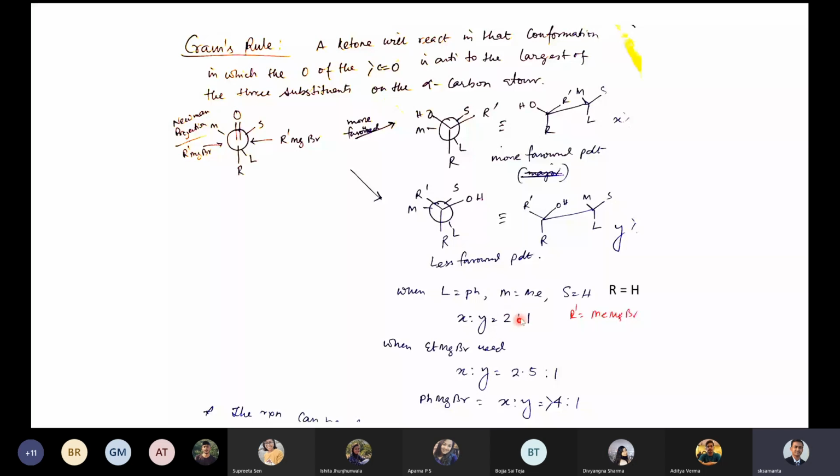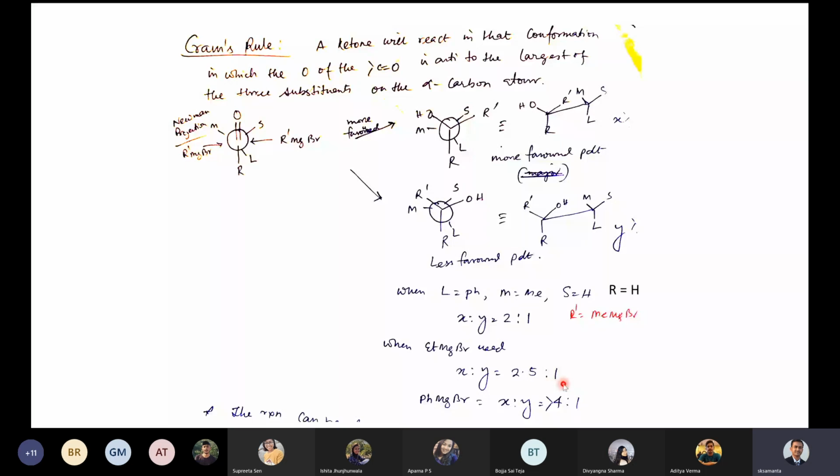Now if we increase the size of this R group to ethyl from methyl, then the steric interaction of this S group will be more, and it has been observed that X is to Y is becoming 2.5:1.